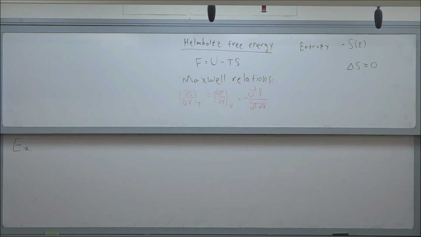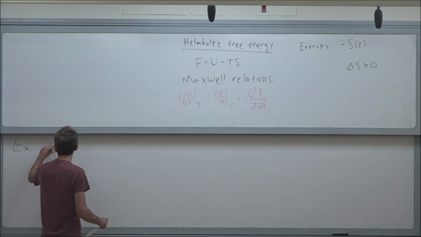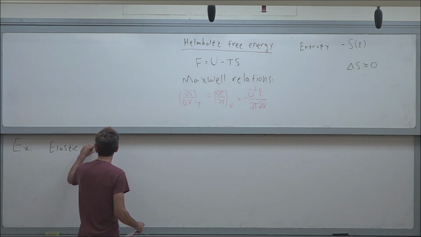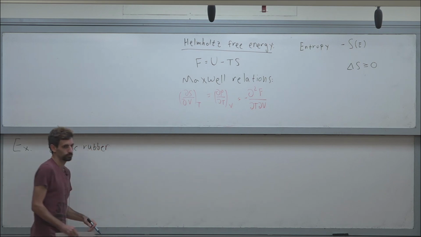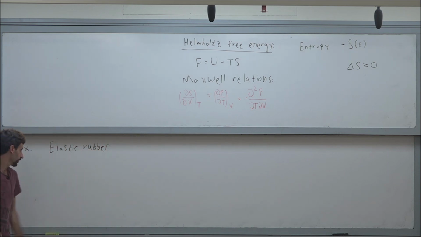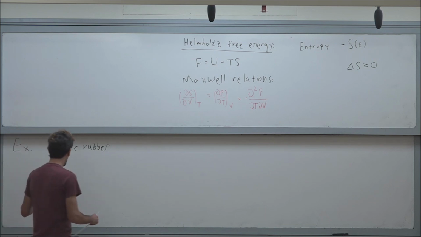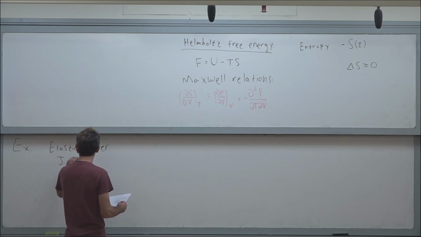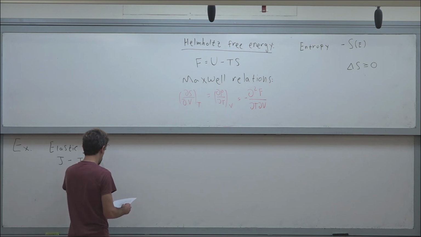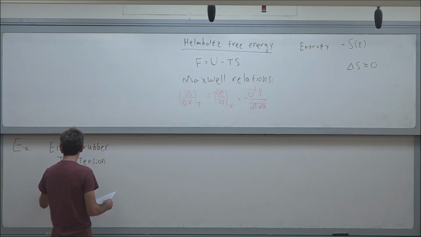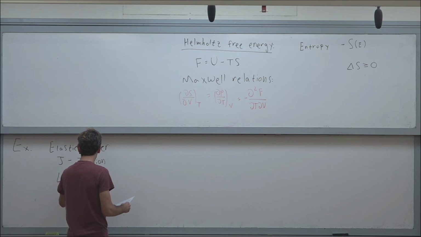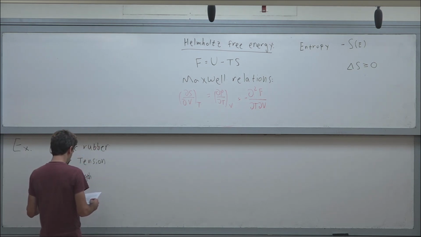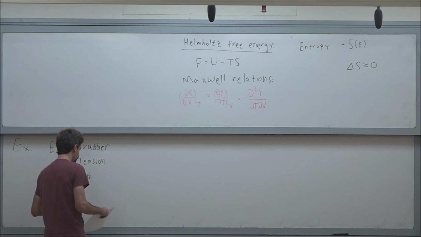So we have an elastic rubber, a gummy elastic. With the tension, J is the tension, L is the length, and T is the temperature.